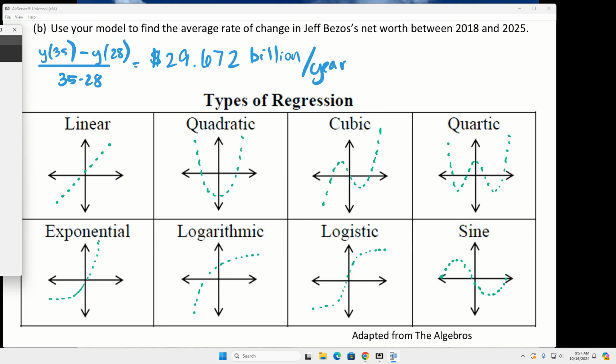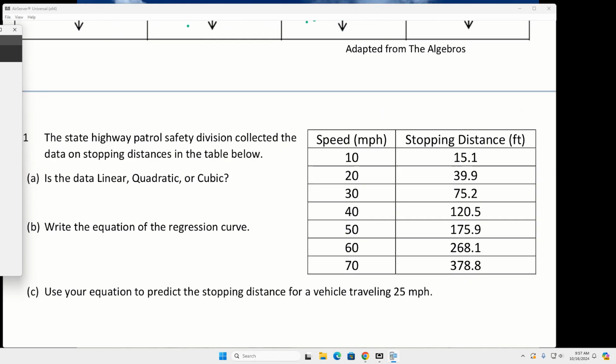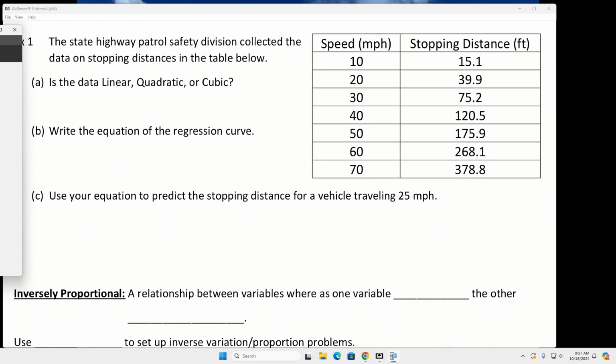All right, so on the back, we have another set of data. This time, we're not going to graph it by hand to decide what type to get. We're going to let the calculator do it for us. And so on the back of your calculator steps, it tells you how to do this if you need to look back at it later. But the State Highway Patrol Safety Division collected the data on stopping distances in the table below.